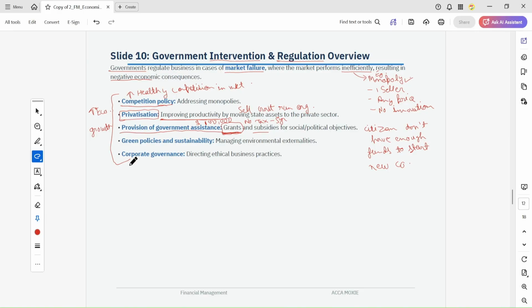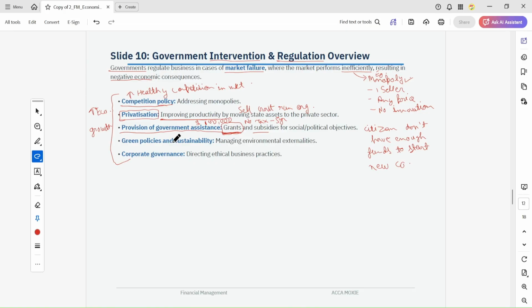Then when you produce, you have to process the products with water. You have to release carbon in the air. So these all make our environment polluted.